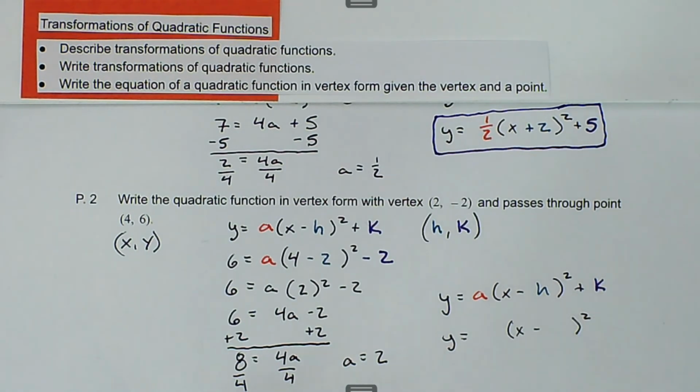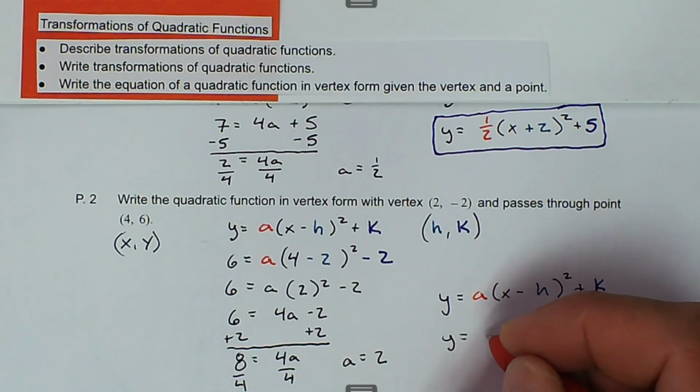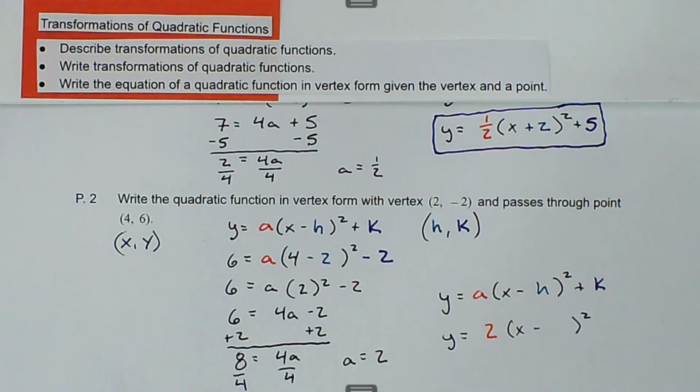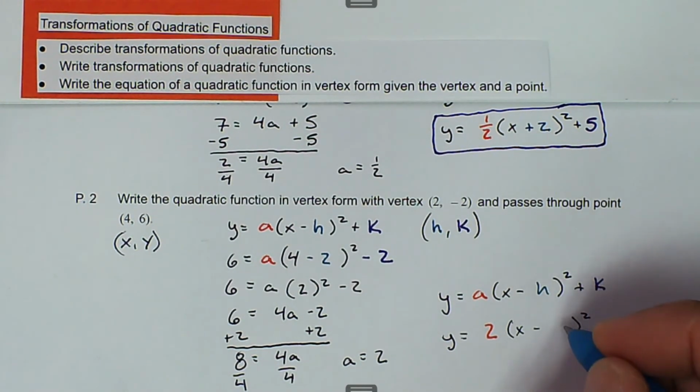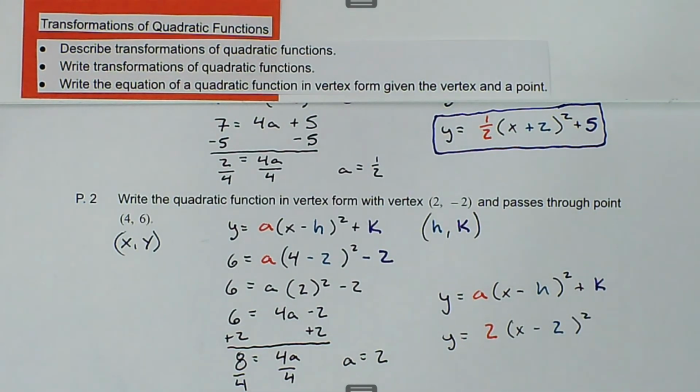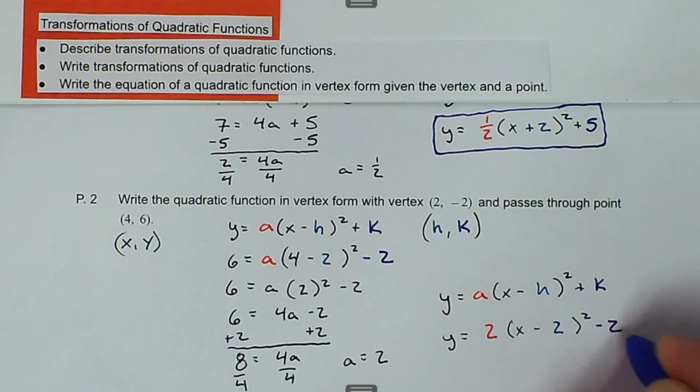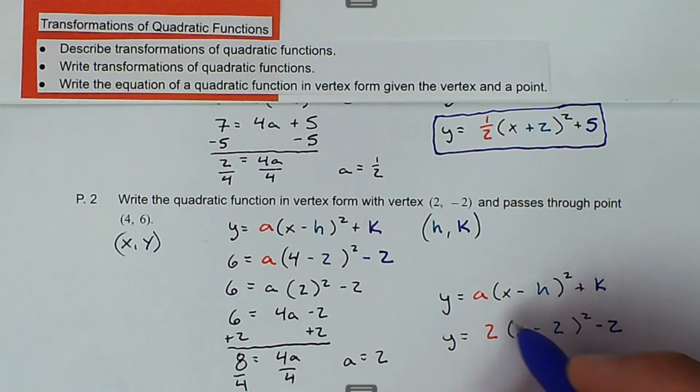Still going to have the squared. And the a that we calculated was 2. We knew that the h was 2, so we're going to substitute in a 2. And then the k was -2, so we're going to substitute in a -2 there. And that ends up being our equation.